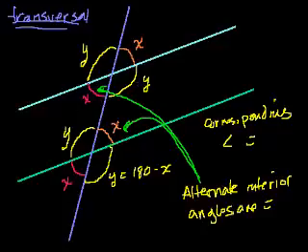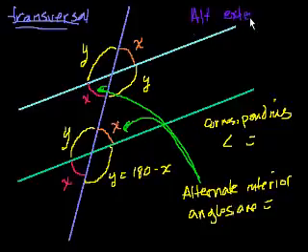And then the last term that you'll see in geometry is alternate exterior angles. I'm not going to write the whole thing. Alternate exterior angles are also equal, and those are the angles on the sides further away from each other on the parallel lines, but they're still alternate. An example of that is this x up here and this x down here, right? Because they're on the outsides of the two parallel lines.